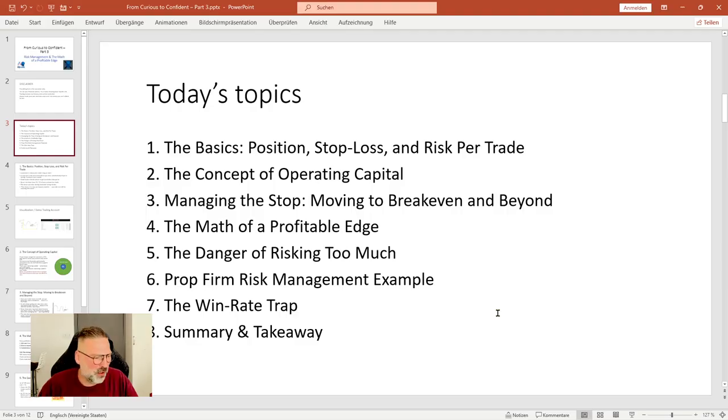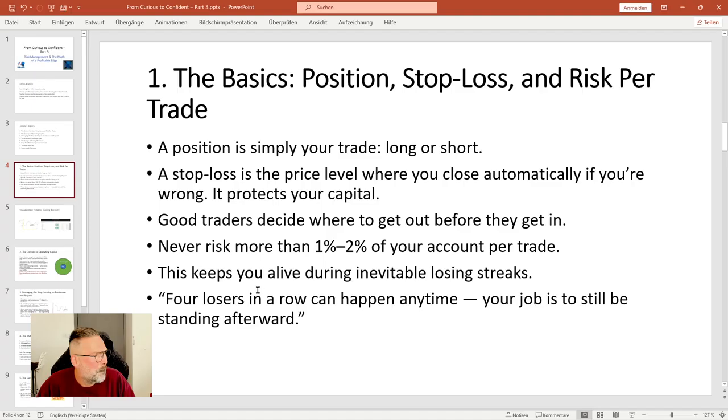We will also talk about risk management for prop firms because that is slightly different. Then we'll talk about all the gurus who promise you a 99.9% win rate and why that is nonsense. And then there will be some takeaways, hopefully. So, a lot to cover. Let's dive in.